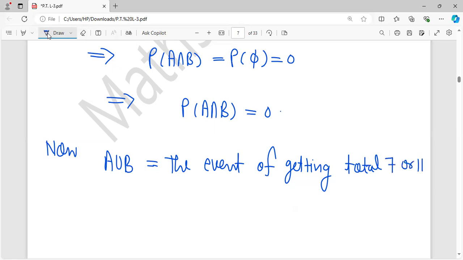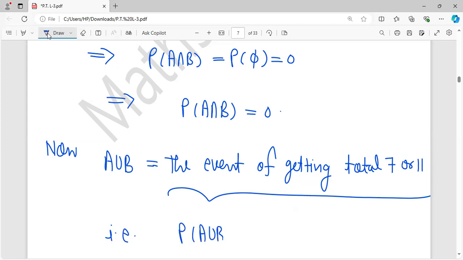It means we have to find the probability of A union B in the question. It is asked.